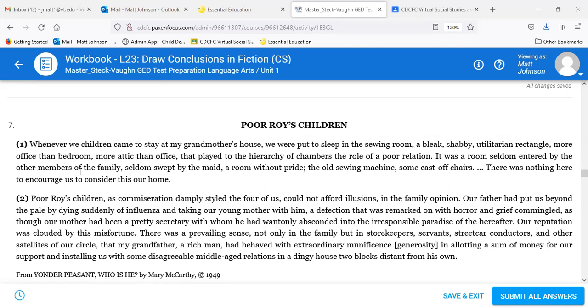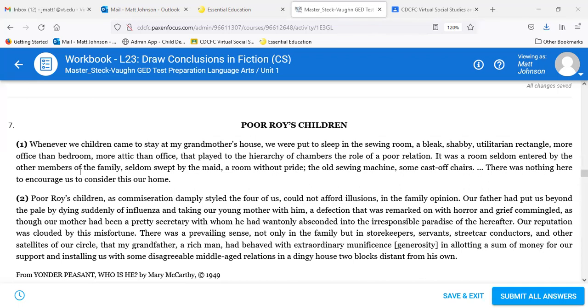Our family had put us beyond the pale by dying suddenly of influenza and taking our young mother with him. A defection that was remarked on with horror in the paradise of the hereafter. Our reputation was clouded by this misfortune.